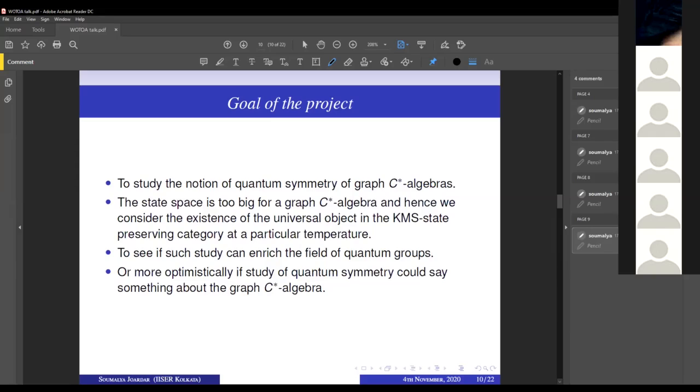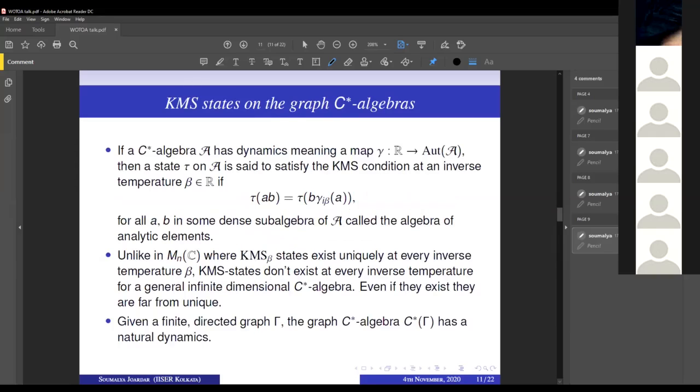As I mentioned, we shall focus on the KMS state preserving category. So let's recall what KMS states on a graph C*-algebra are. KMS states are the analog of what are called Gibbs states for matrices, M_n(C). We can talk about a KMS state on any C*-algebra, provided the C*-algebra has a dynamics. What is the dynamics?